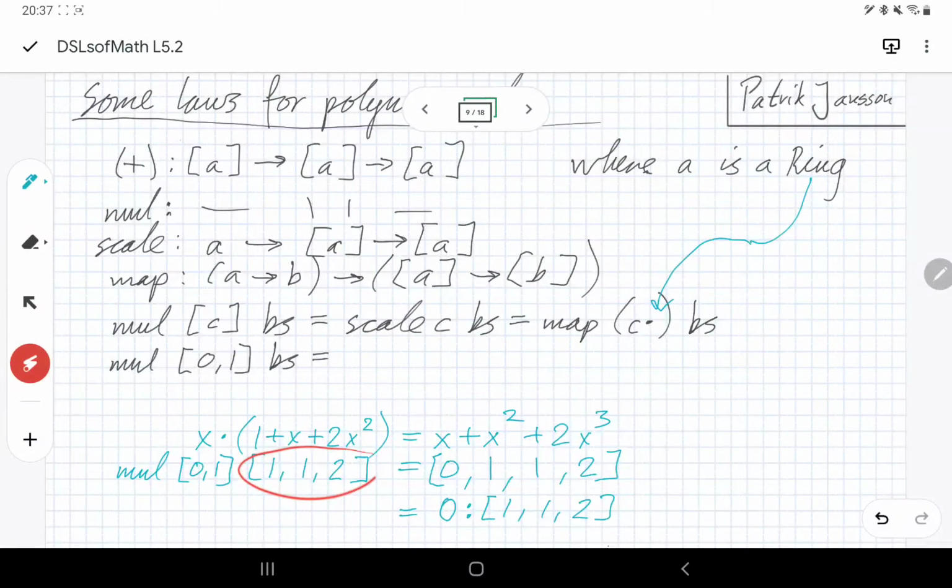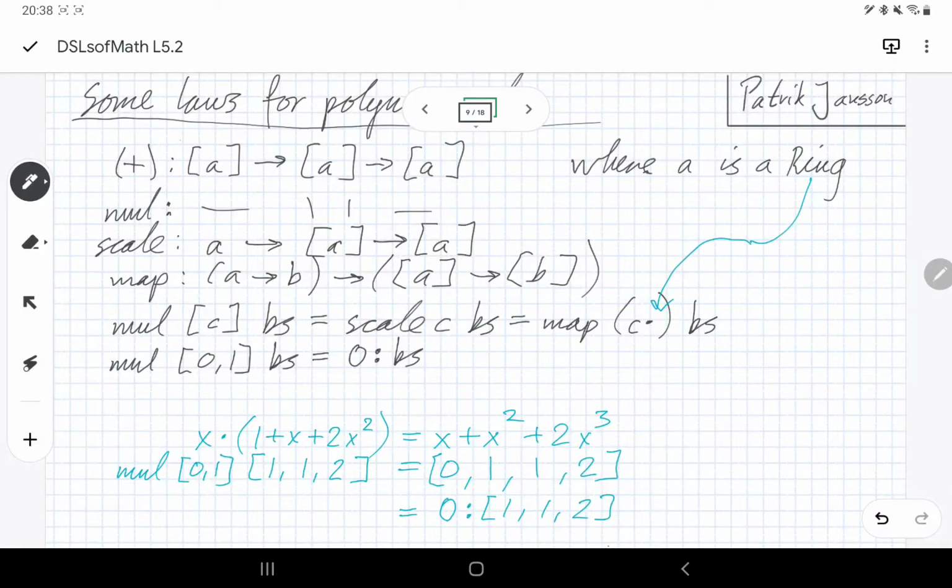So you see the coefficients here are completely unchanged, just shifted up one step. So mul 0, 1 bs, that's actually 0 followed by bs. So we don't even have to look at bs, we can just shift it away one to the right.